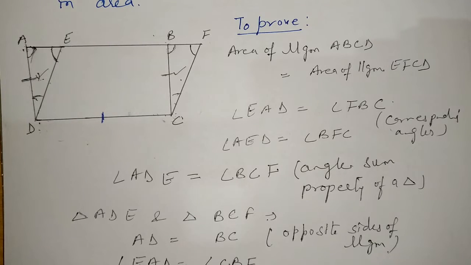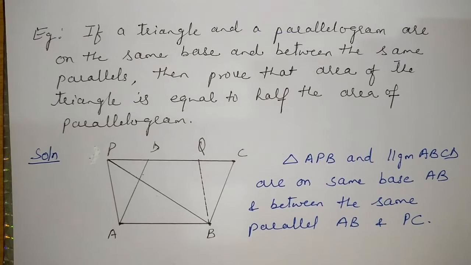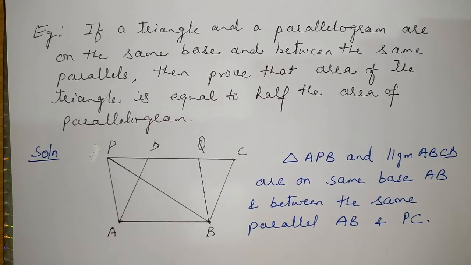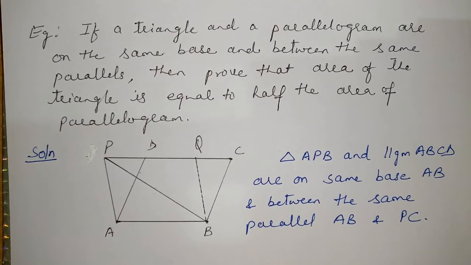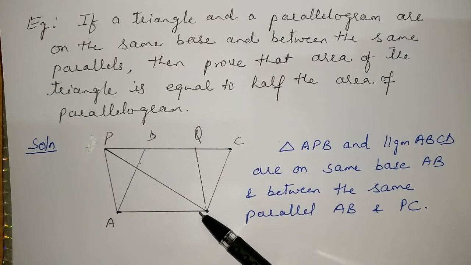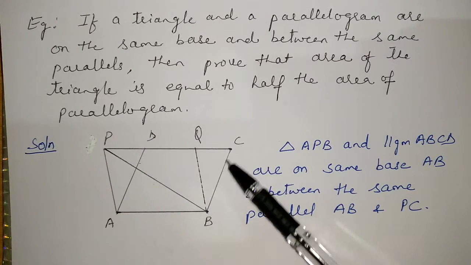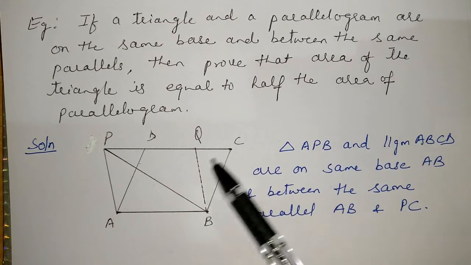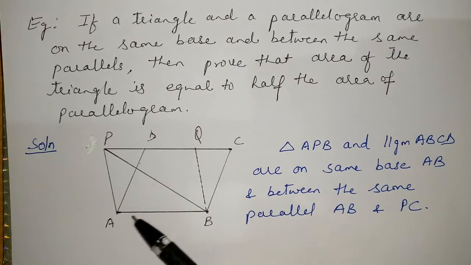Now comes the third theorem. After this we have an example in the NCERT, but I must say we use it extensively as a result in many of the questions. The result is, if a triangle and a parallelogram are on the same base and between the same parallels, here the triangle PAB and parallelogram ABCD, then area of triangle PAB is equal to half the area of parallelogram ABCD.